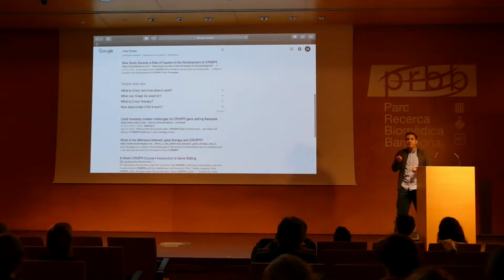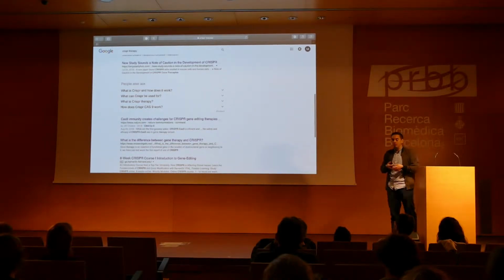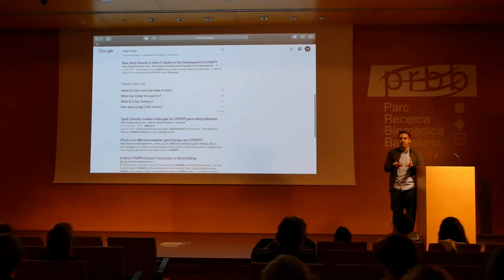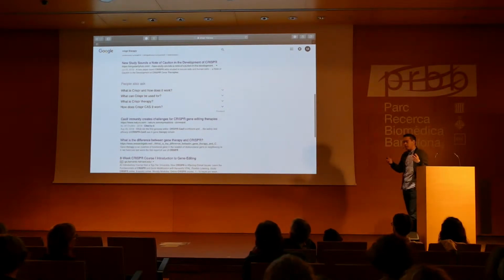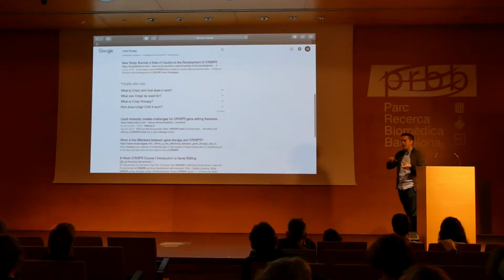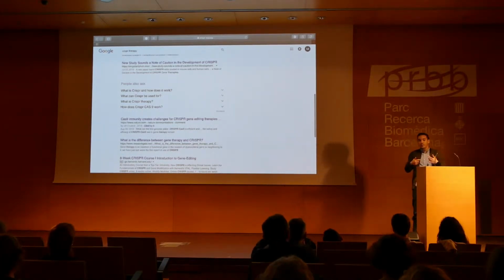And this is great. This means that people are interested because a lot of their loved ones or people who are close to us are being affected by diseases that are incurable, or their therapies right now aren't giving them a good quality of life. And so a lot of people around the world are starting to look at how we can use this in certain contexts. And that's a good thing.